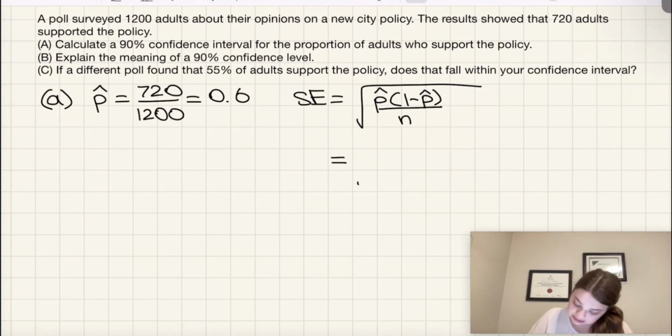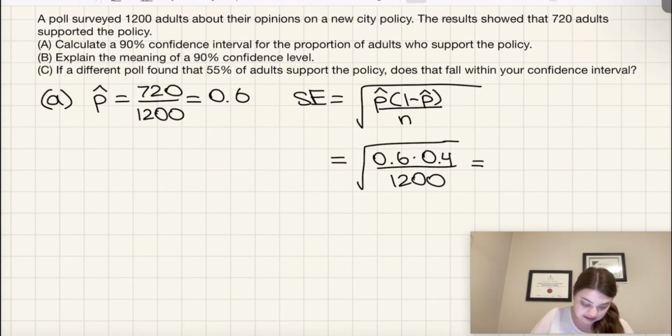So that is going to be equal to 0.6 times 0.4 divided by 1,200. And that is going to be approximately 0.0141. And there we go. Okay, so that's our standard error calculation done.